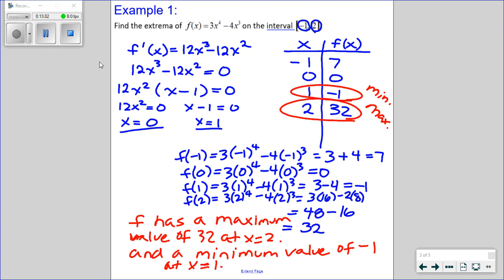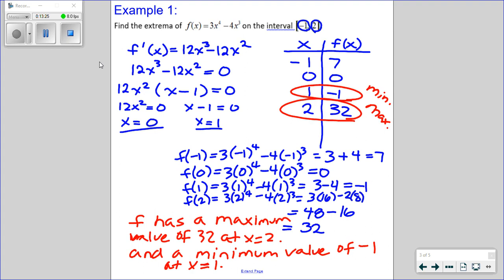There we go. And you actually don't have to put absolute in front of the maximum or minimum, and this is true when you read the questions on the AP exam as well. If the question just asks, find the maximum value, that means absolute maximum, okay? If they don't mean absolute, then it would say relative or local, all right?